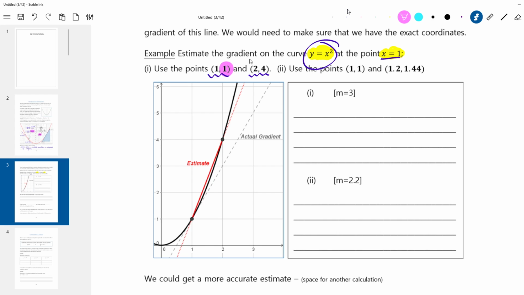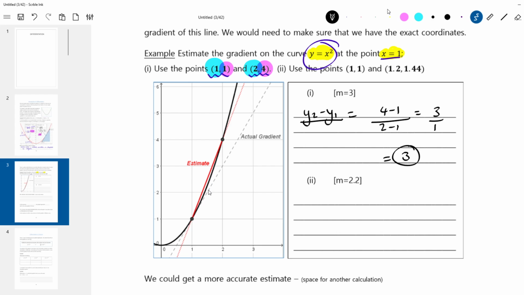So we've got our two y values, which are 4 and 1. And we'll take our two x values, which are 2 and 1. And we'll get a gradient of 3.